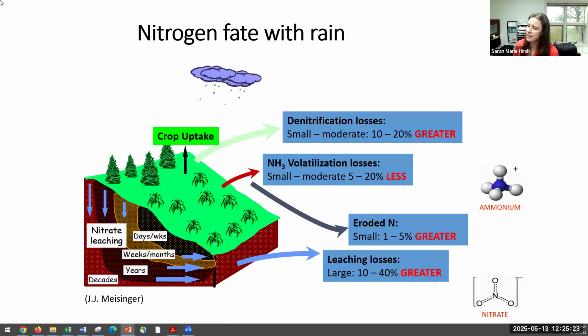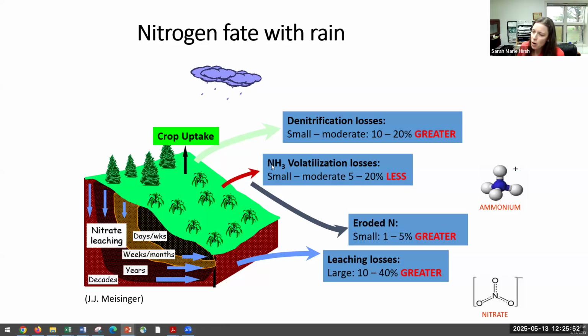For example, if we think about the forms that we've already talked about, if we have wet conditions, then denitrification losses are going to be greater. Denitrification is the nitrate form being converted to N2 gas in anaerobic conditions or when the field is flooded. So those are going to be greater with rainfall.